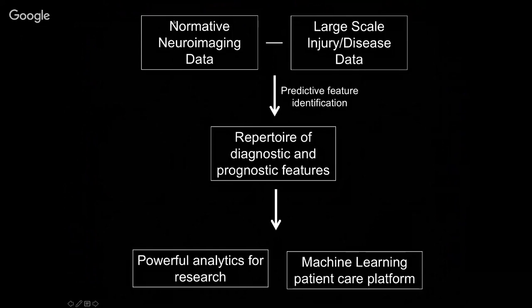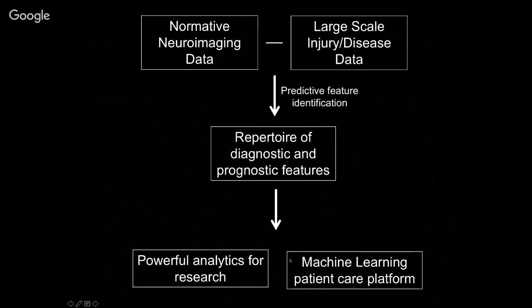With large-scale normative neuroimaging data, we're able to perform this comparison between the two at a quantitative numerical level to come up with a repertoire of diagnostic and prognostic features. And it's this repertoire of diagnostic and prognostic features that provide not only powerful analytics for research, but they really feed into the next generation of patient care platforms that will be based upon machine learning and deep learning engines.